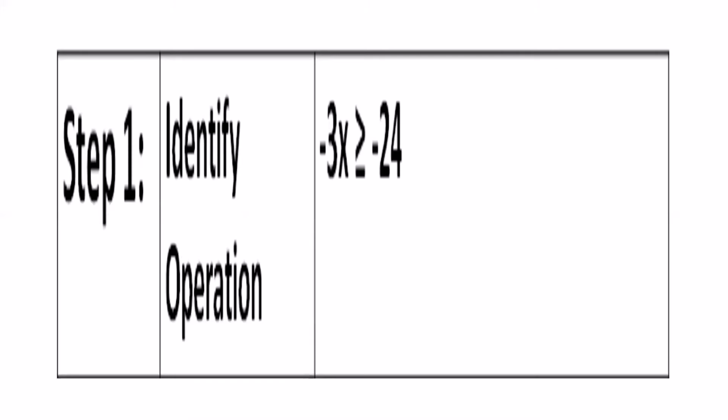First, all I want to do is simply identify the operation that's going on in our problem. We have negative 3x is greater than or equal to negative 24. Well, when I look at it, I see that my coefficient and my variable are side by side. That means that they're multiplying.